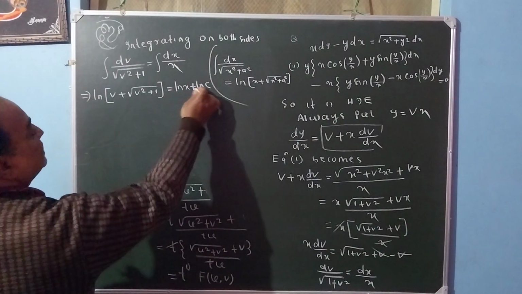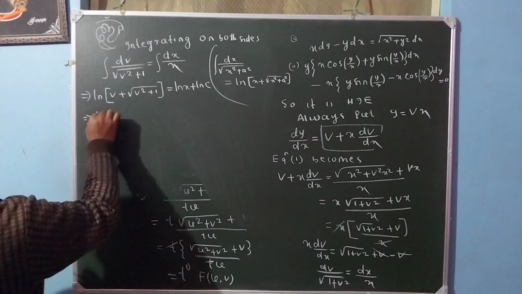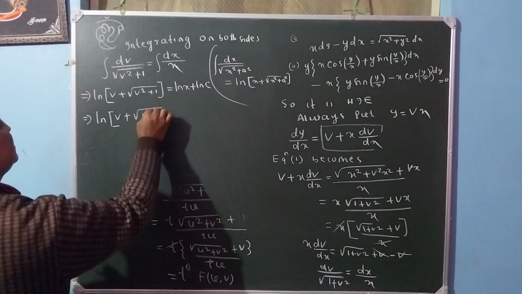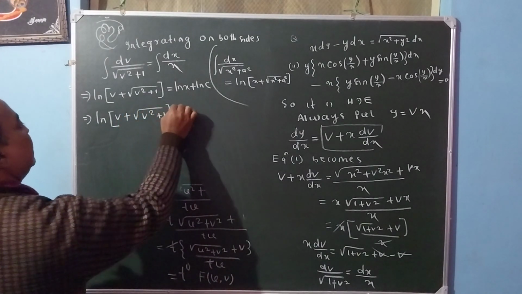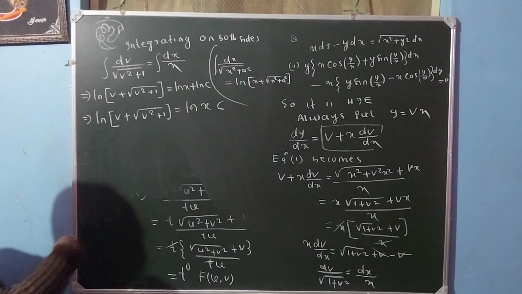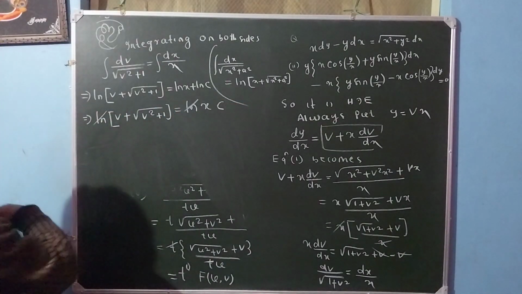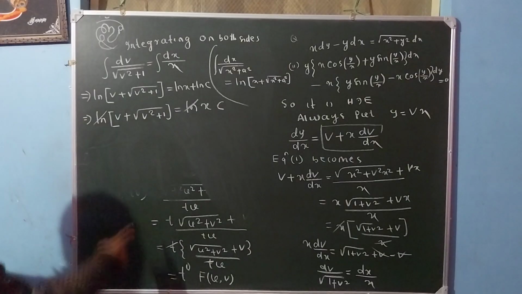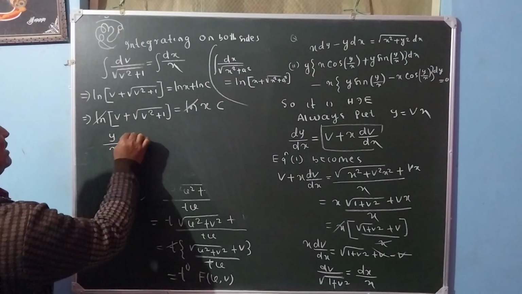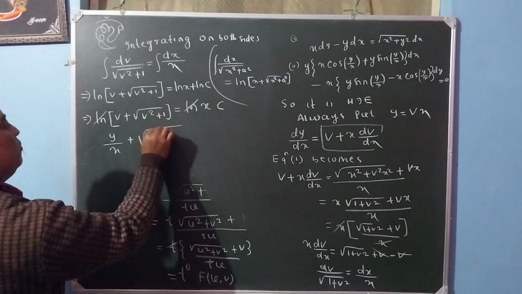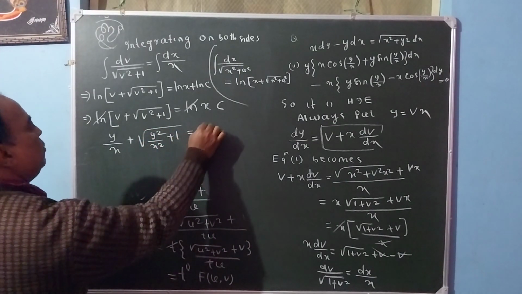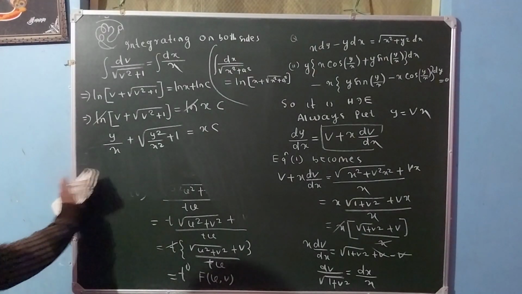So ln a plus ln b, that is ln of v plus root of v square plus 1 is equal to ln xc. Now taking anti-logarithm, ln cancelled on both sides. In place of v we put y by x, so we get y by x plus root of y square by x square plus 1 is equal to x into c.